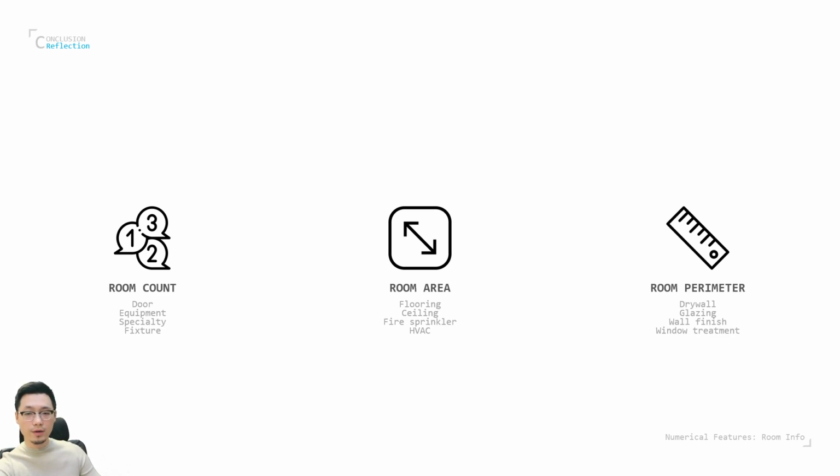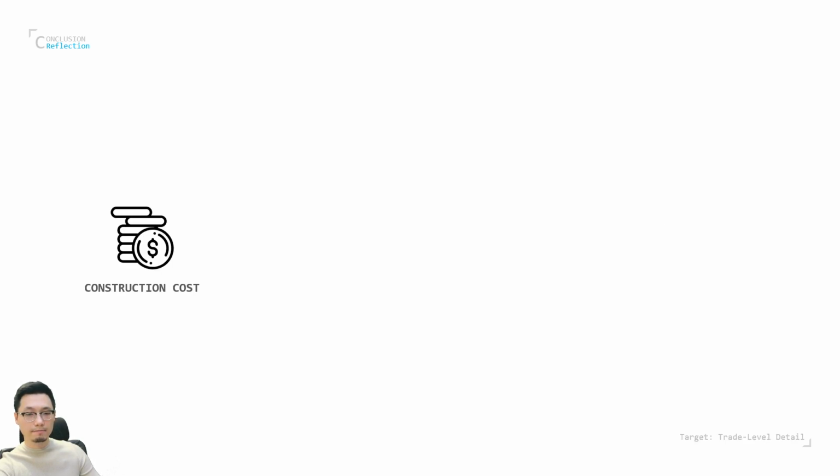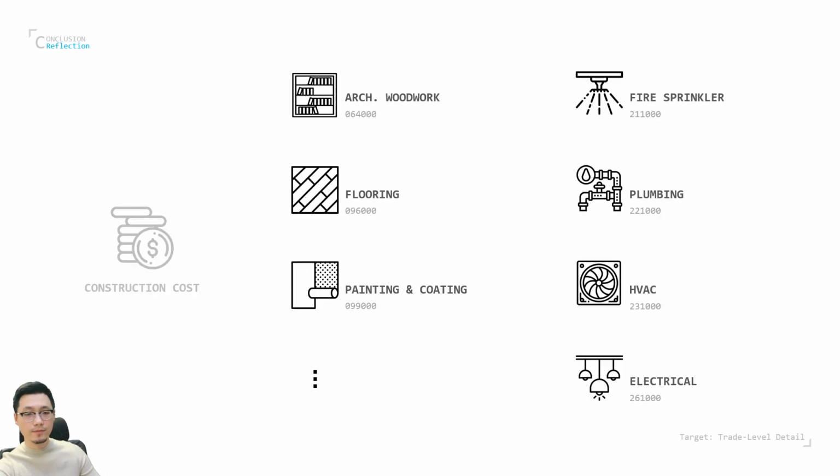Finally, room parameter could have direct impact on drywall and glazing length, as well as wall finish and window treatment quantities. Furthermore, instead of only having one lump sum construction cost as the target, we can ask machine learning models to generate trade level details.